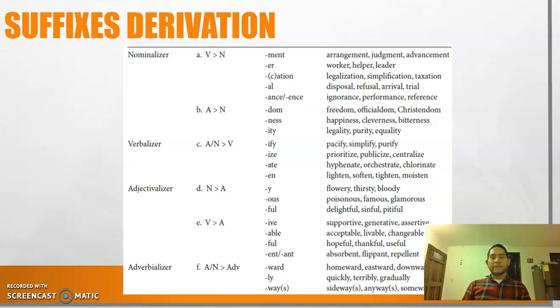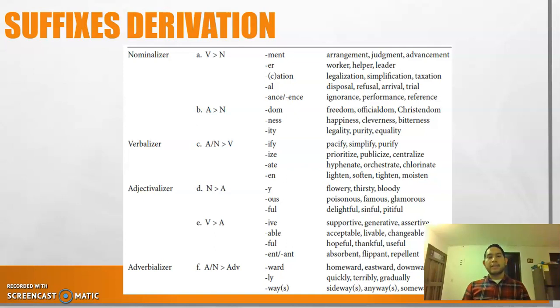From an adjective to a noun, if you add ity, for example, honesty, happiness, legality, purity, equality. From equal, that was an adjective, now it changes to a noun.